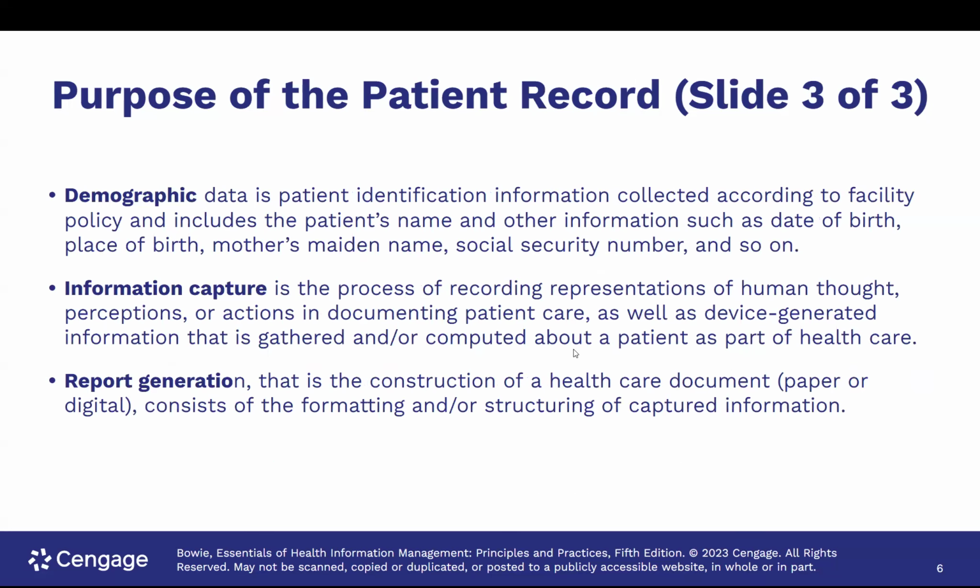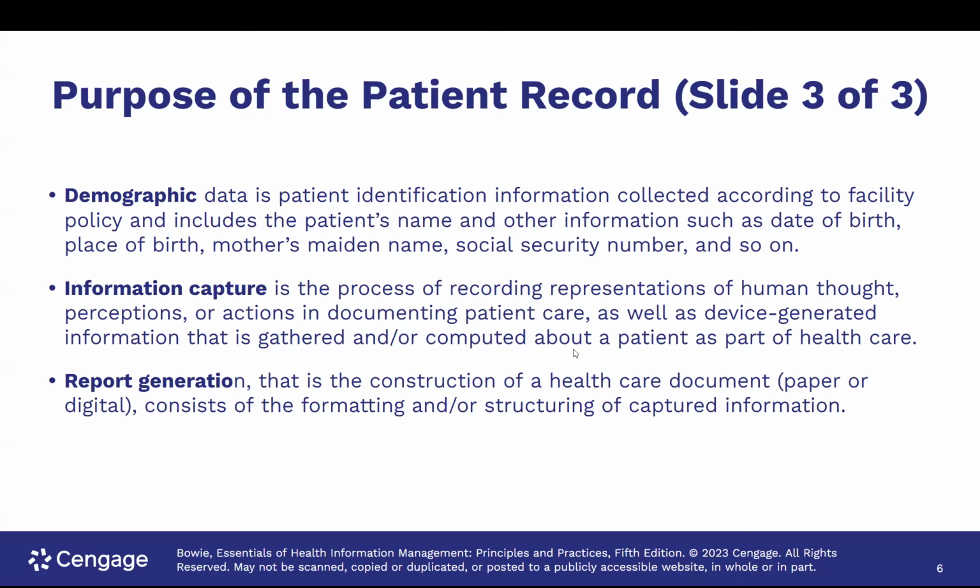We need to collect not just clinical information about the patient's care, but demographic information. A lot of this ties back to identifying the patient correctly. So we'll have some key fields that we'll want to focus on: the medical record number, the patient ID number, the hospital account number, the patient's name, the patient's date of birth, place of birth, mother's maiden name, in some situations, social security, and so on.